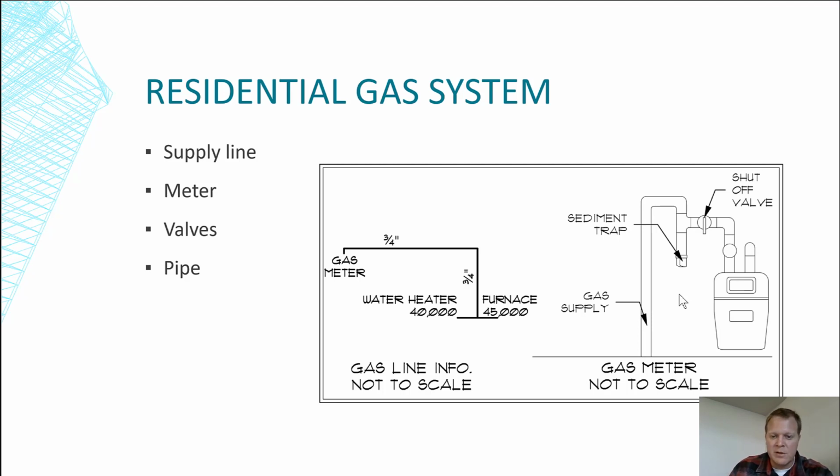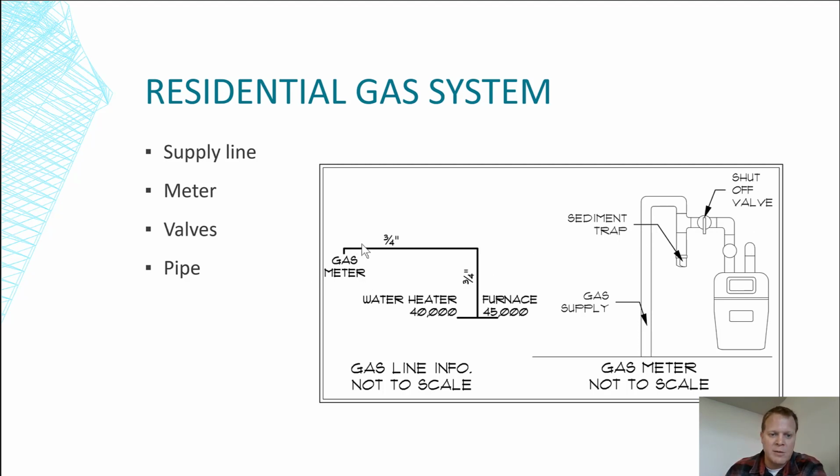Hopefully you've seen these before, but basically you've got the gas supply coming in here, going through a little shut-off valve. There's a little sediment trap because these pipes corrode, so they don't want any little particle to get into the meter. They create this little area for it to collect down here. And there's a little shut-off valve here, and it's going through the meter and into your house.